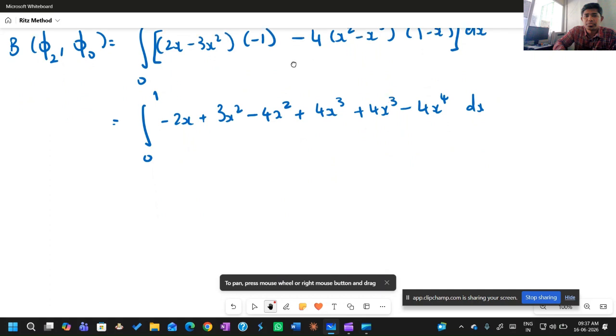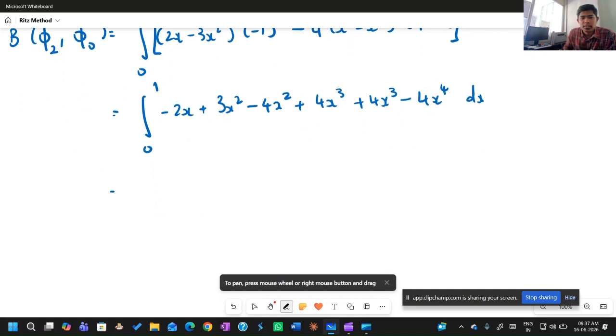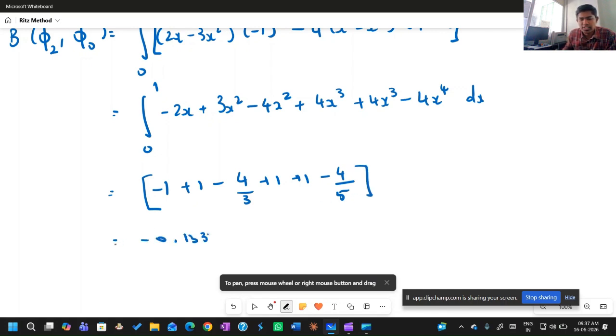And if we substitute the limits, we should be getting minus 1 plus 1 minus 4 by 3 plus 1 plus 1 minus 4 by 5. So finally this answer will be minus 0.1333. Right?